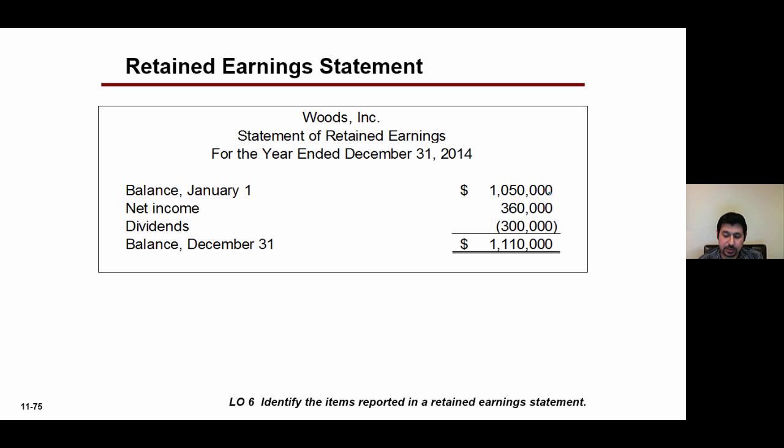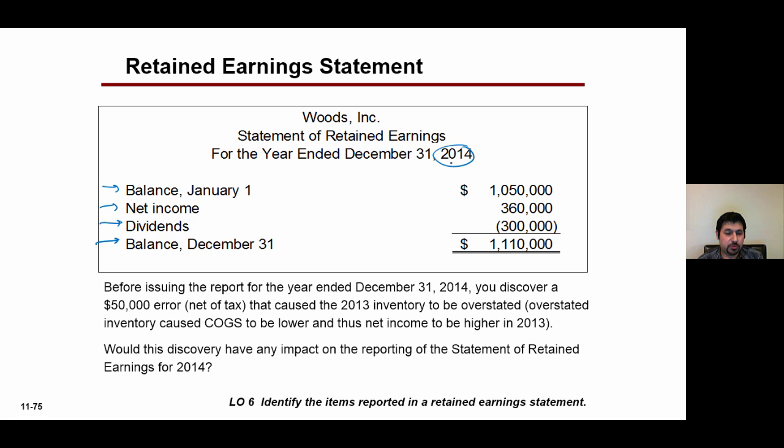For example, assume that it is 1,050,000. Net income was 360,000. Dividends were 300,000. So basically, this is the beginning balance, add net income, less dividends, and that would give you the balance at the end of 2014.